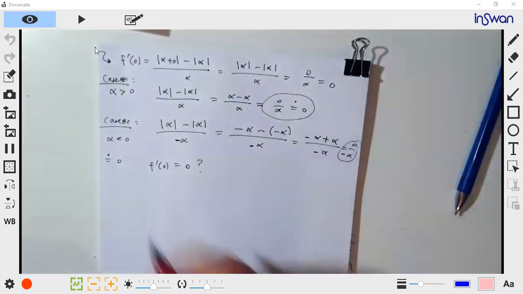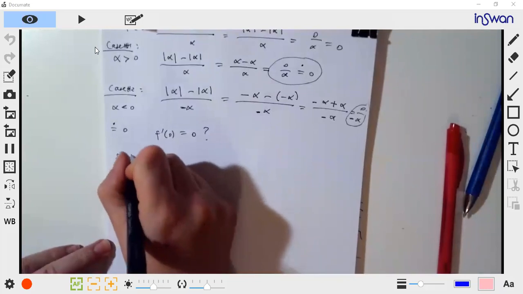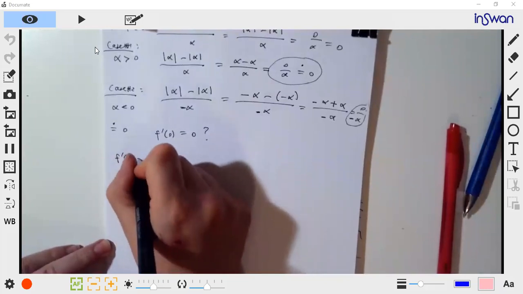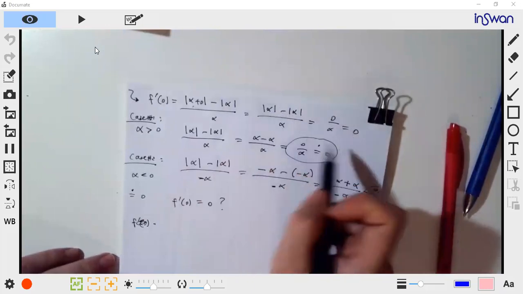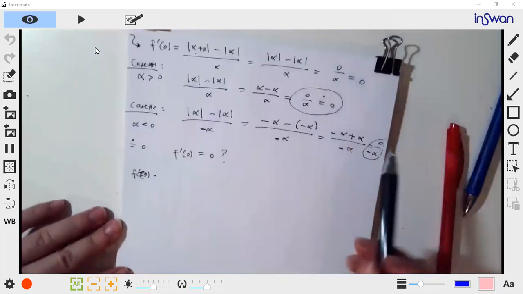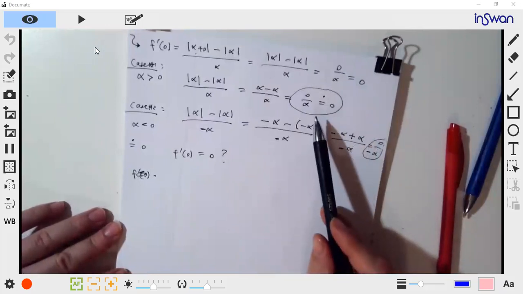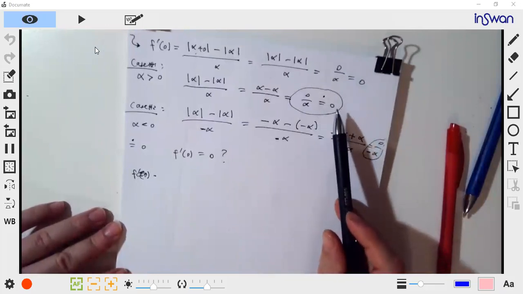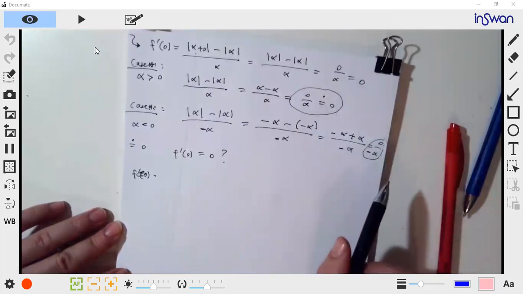Another way to see that is to say, well, f prime of 0, when we did this calculation here, is to see here and here. We notice that, of course, there's no +0 or there's no -0.